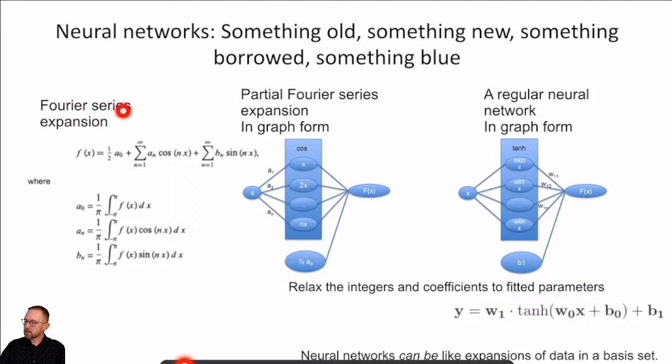The Fourier series expansion you'll probably have heard about. This is taking sines and cosines as a basis set, and you can expand any periodic function in terms of the sines and the cosines. There are a couple of really cool properties about a Fourier series expansion. One is we have integers on these inside arguments, and that makes these functions orthogonal to each other.